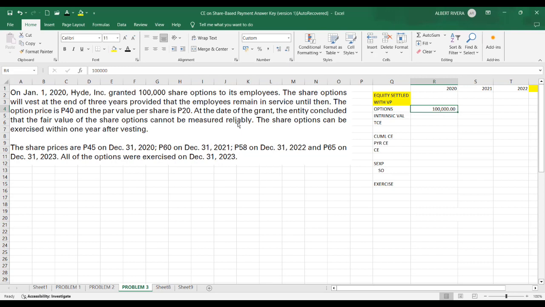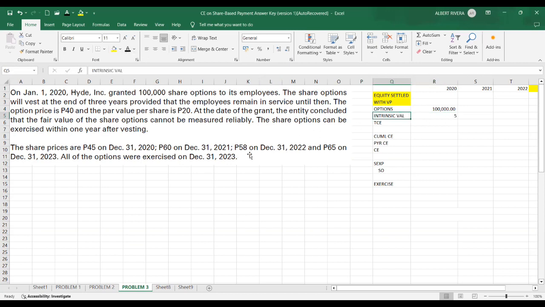So that should be market value minus the option price. The market value of the shares in 2020, that is 45. 45 minus the option price of 40. So the intrinsic value in 2020 is 5.